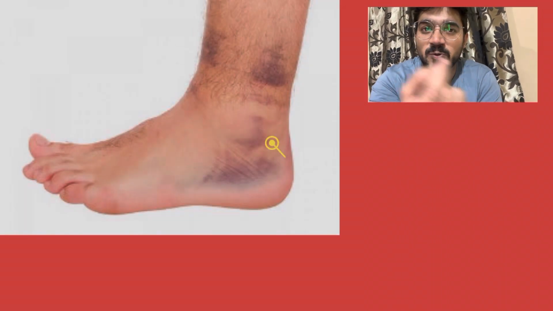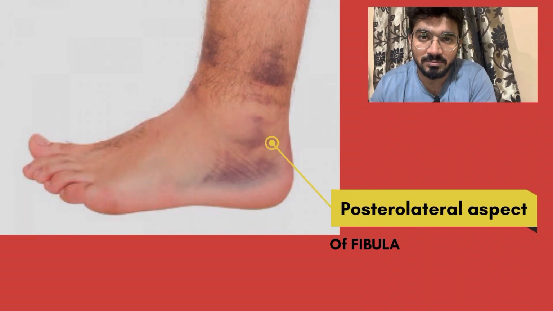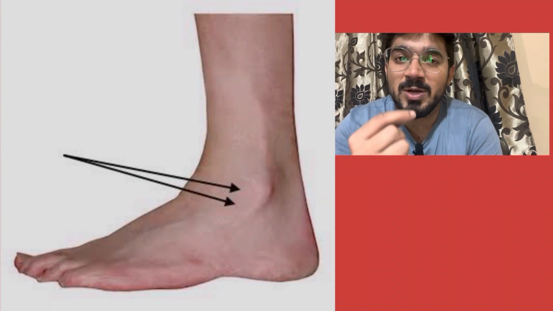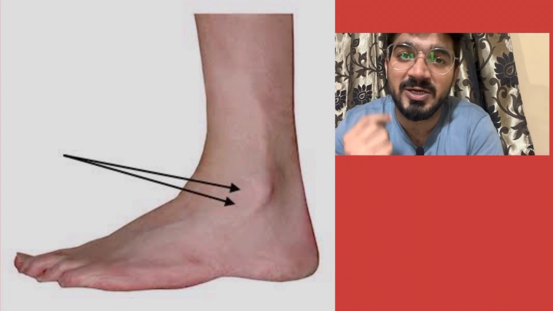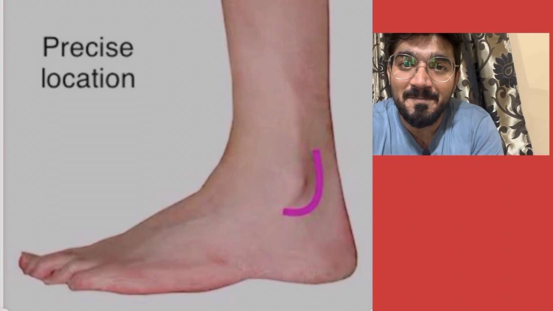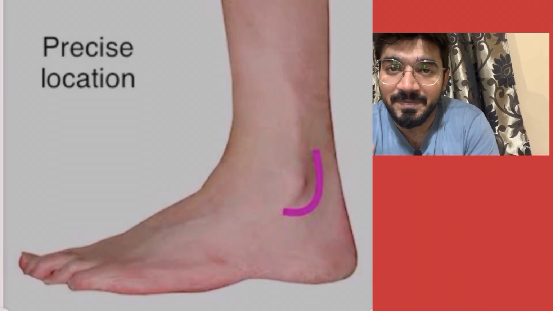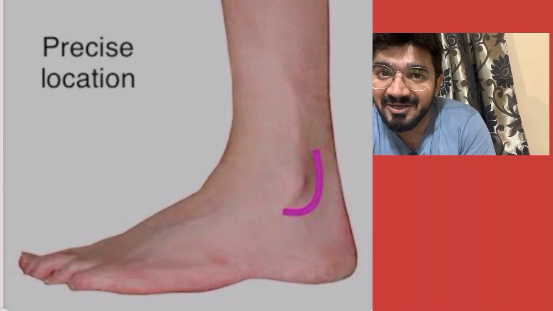To be specific, the posterolateral aspect of the fibula, not the dead lateral aspect of the fibula. To be more specific, the pain will be in the subfibular area. It will not be anterior to the fibula or anterior inferior to the tip of the fibula; it will be posterior inferior, or posterolaterally and inferior to the fibula. That is the precise location.